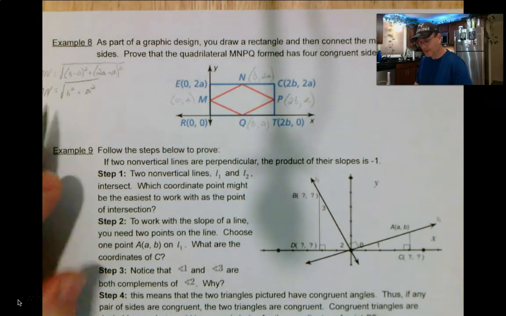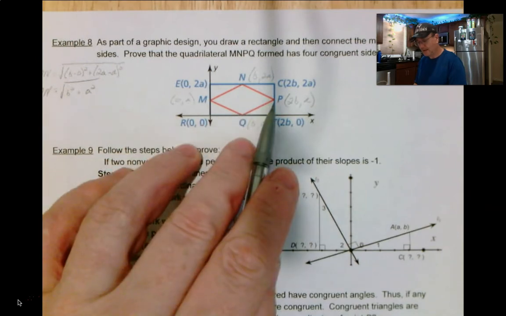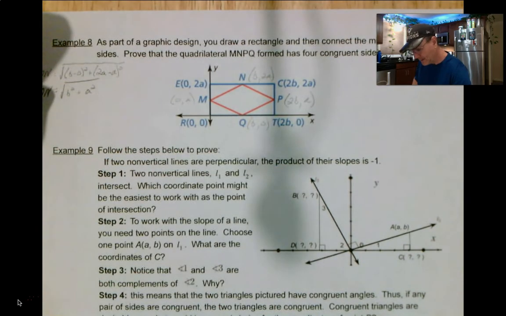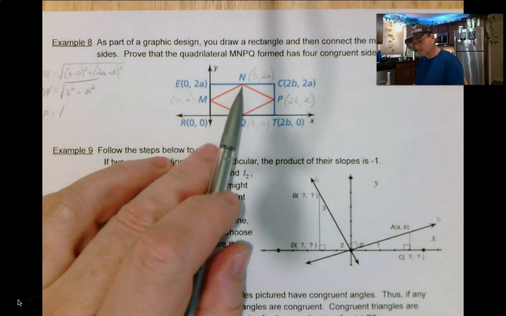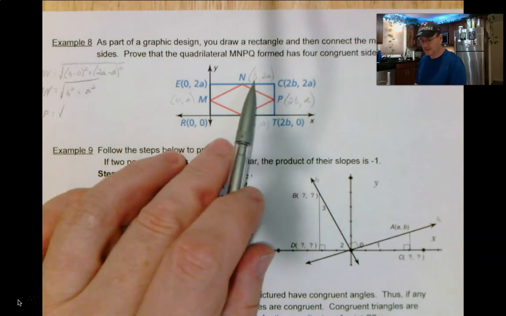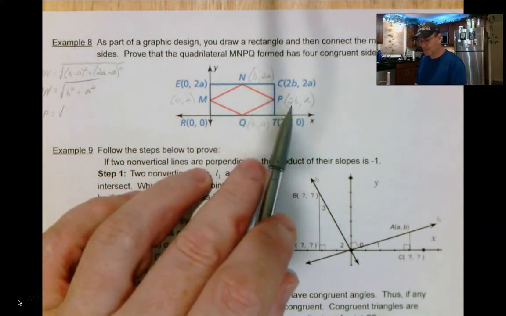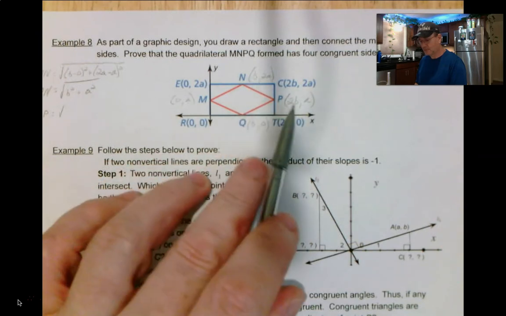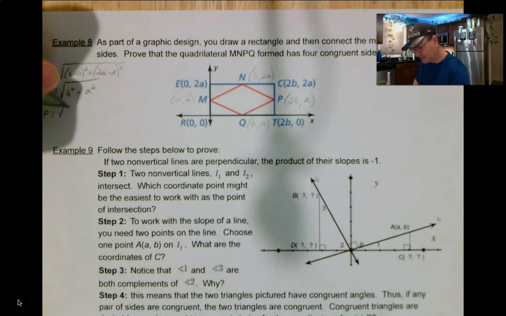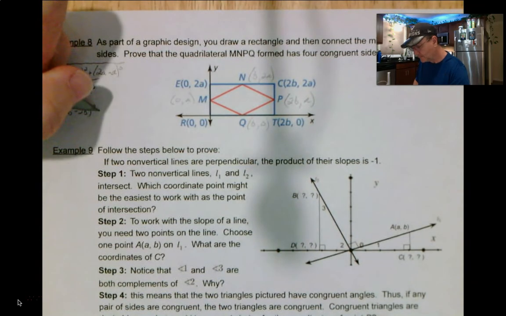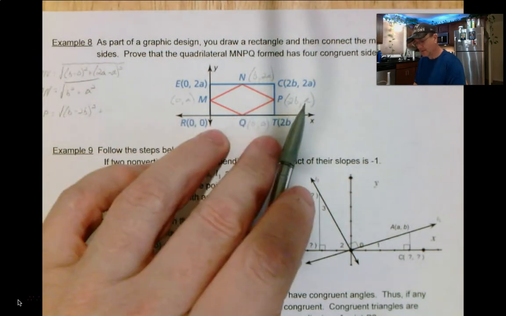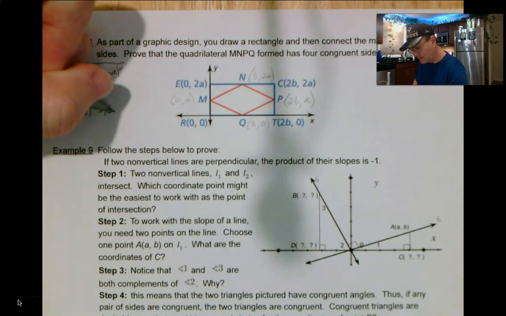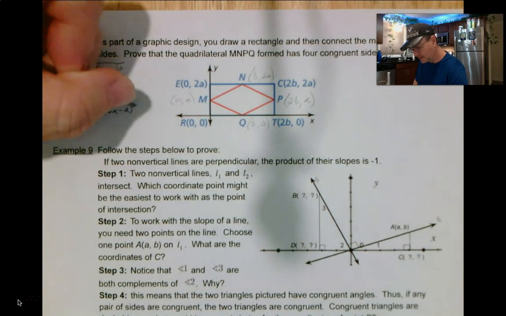That's one of them. Now let's do the length of NP. I'll keep this as the x2 and the y2. We'll make this one now the x1 and the y1. So x2 minus x1 is b minus 2b squared plus 2a minus a squared.